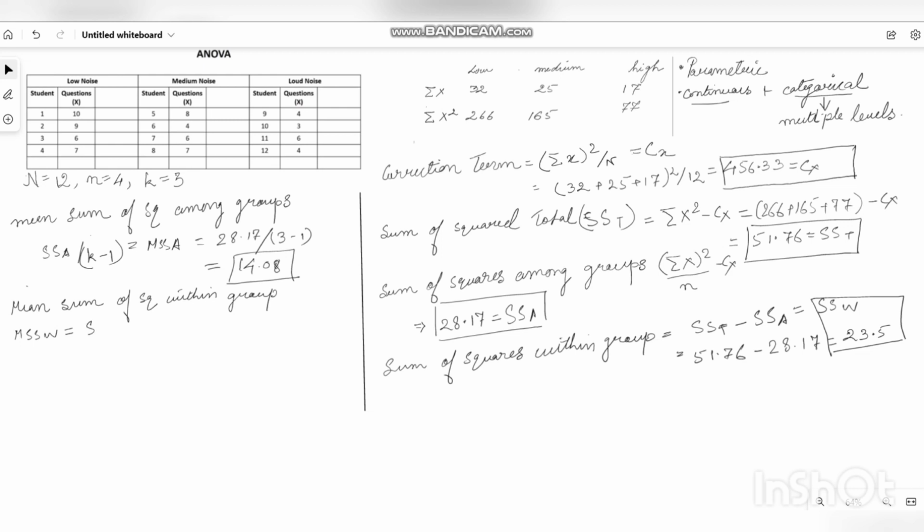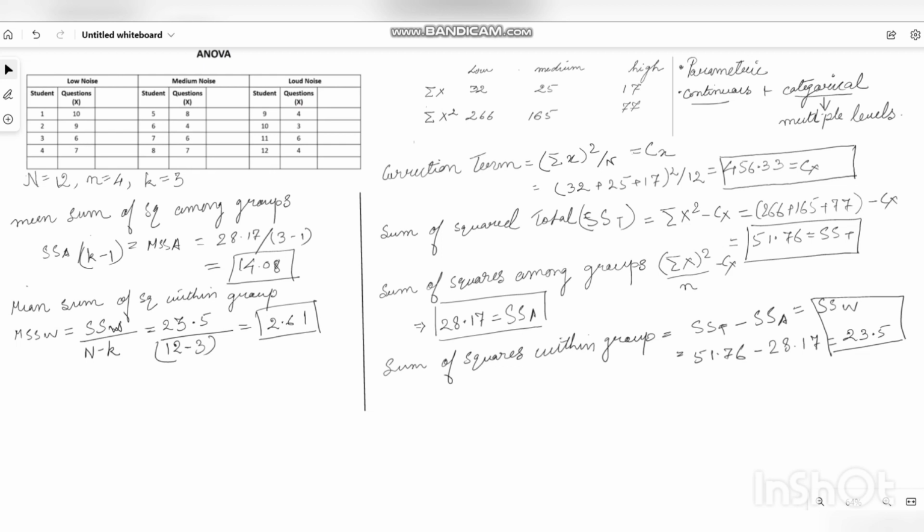Basically SSW by N minus K. So what's the value of SSW? It's 23.5 by capital N being 12 and K being 3, and it comes out to be 2.61. This is the value of MSSW.